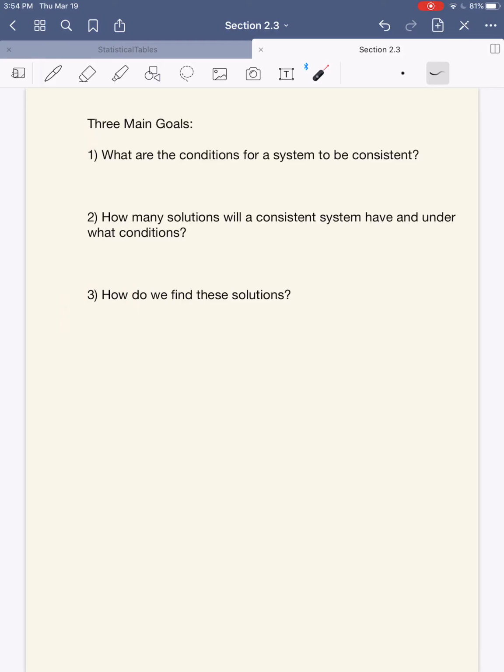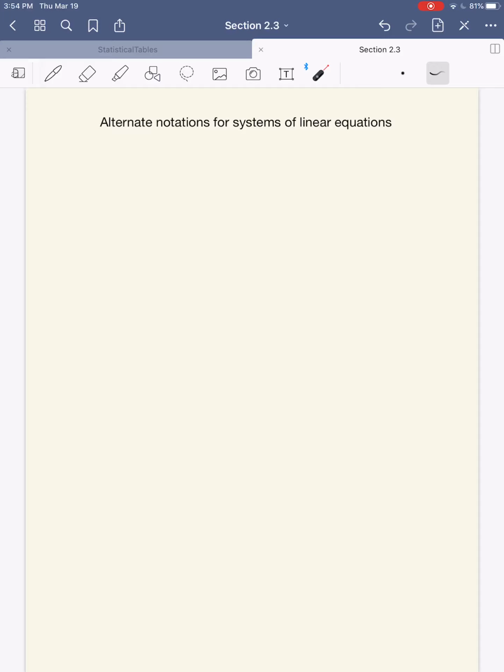All right, let's wrap this thing up by just talking about some alternate ways of writing out systems of linear equations. So this is just some alternate notation.